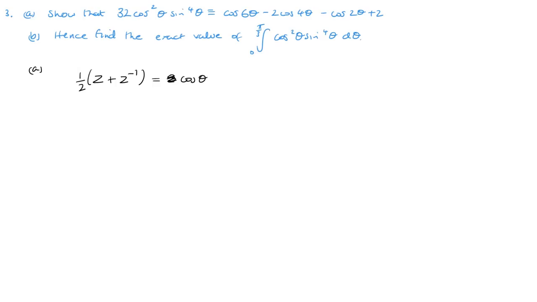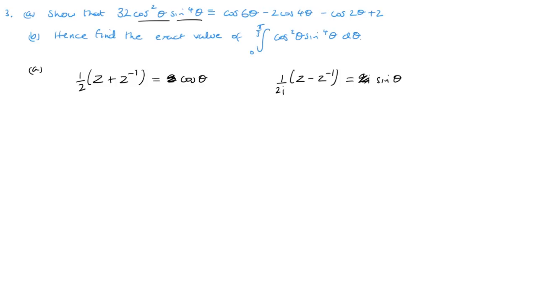Now let's do the same with z minus 1 over z. I won't put the half in yet. So it's 2i sine theta. So divide by the 2i, we get 1 over 2i here. And there we have our z's in terms of cos theta and sine theta.